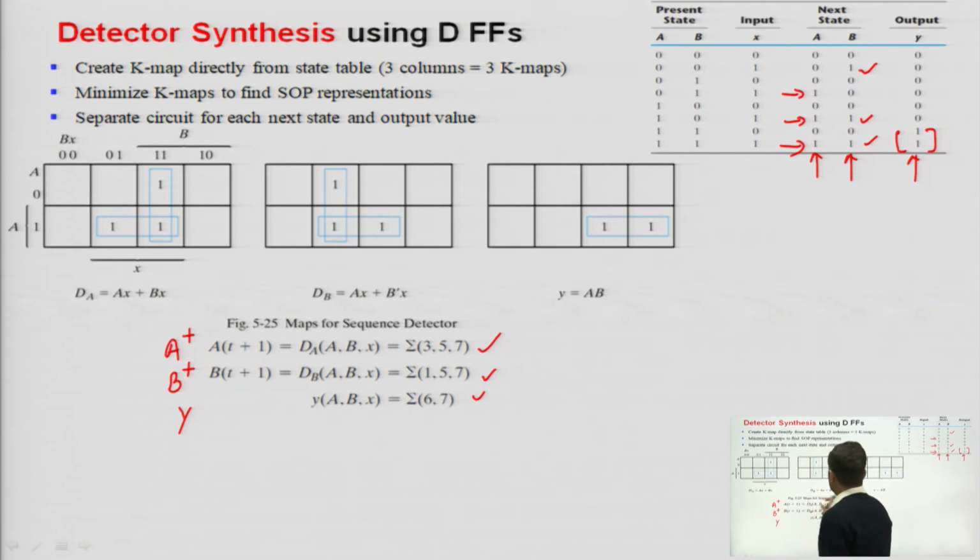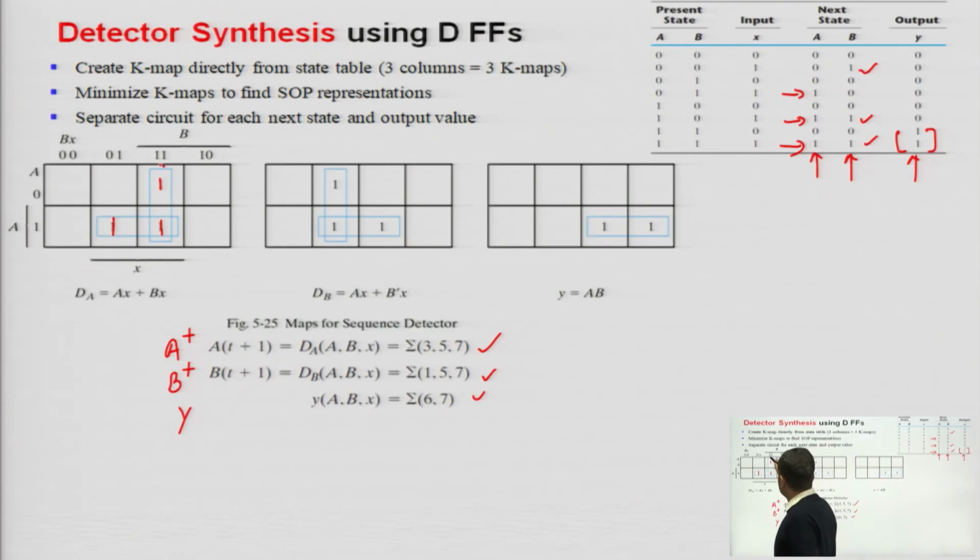So for A plus, 3 5 7 are fed into this K map. This is 3, this is 5 and this is 7. There is a pair here, a pair here and one pair here.